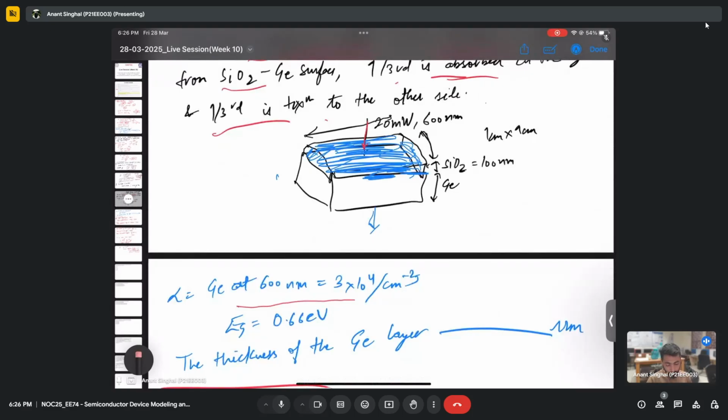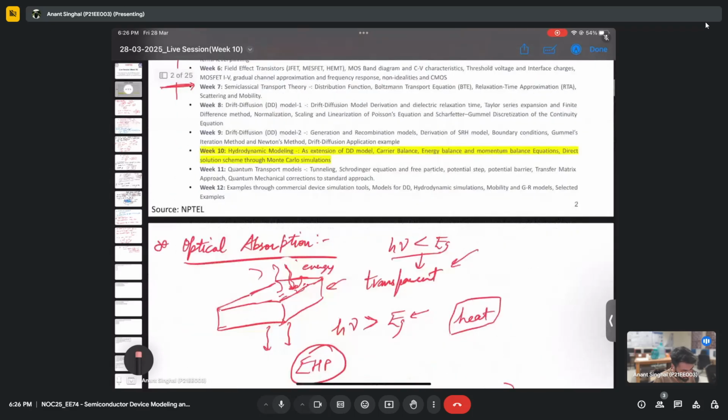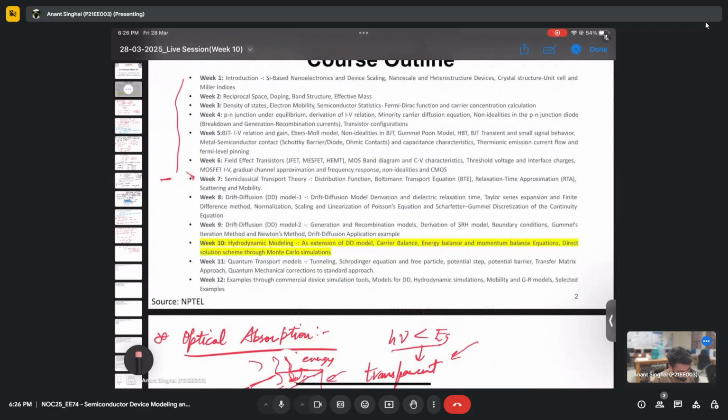So I've taken 2-3 problems related to this optical absorption. Let me quickly repeat what I just said. This week also has an extension of the diffusion model, which is the hydrodynamic model. The derivation of this is very complex, and I cannot explain it because a lot of assumptions are made, and we just come up with a hydrodynamic model.